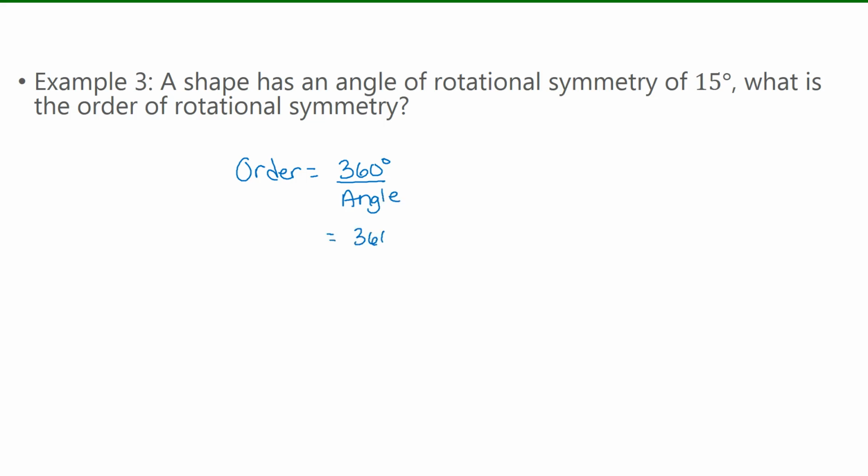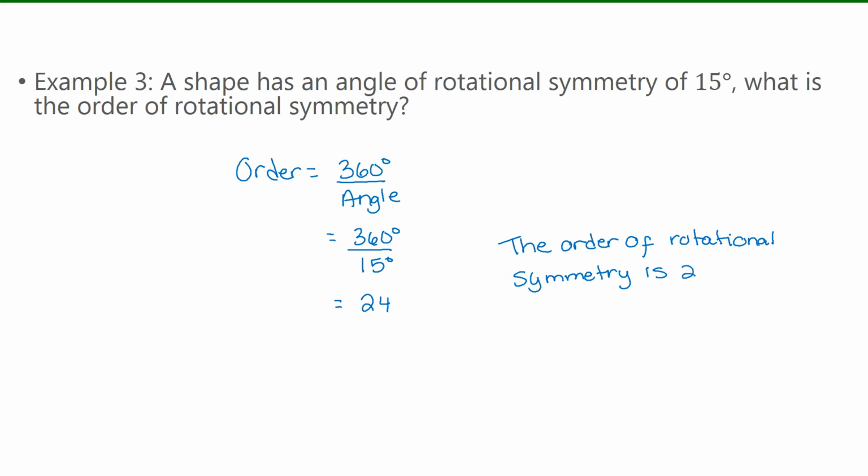So I'll take 360 and divide that by 15. Working that on my calculator, I get 24. So the order of rotational symmetry is 24.